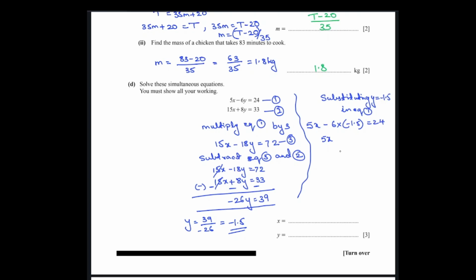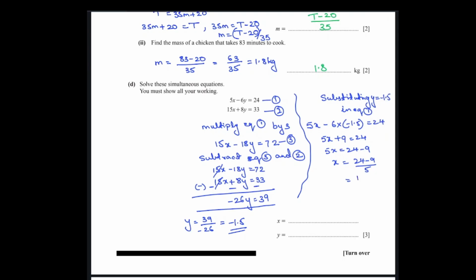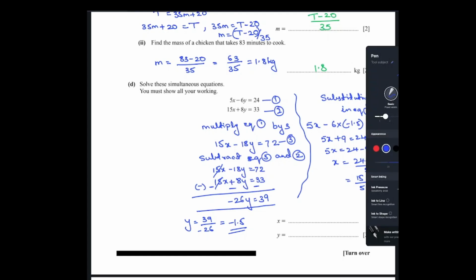So it is plus 9. Plus 9 is equal to 24. Then 5x will be 24 minus 9. x will be 24 minus 9 by 5. How much is 24 minus 9? 15. So x is 15 by 5, which is 3. So x is 3 and y is minus 1.5.